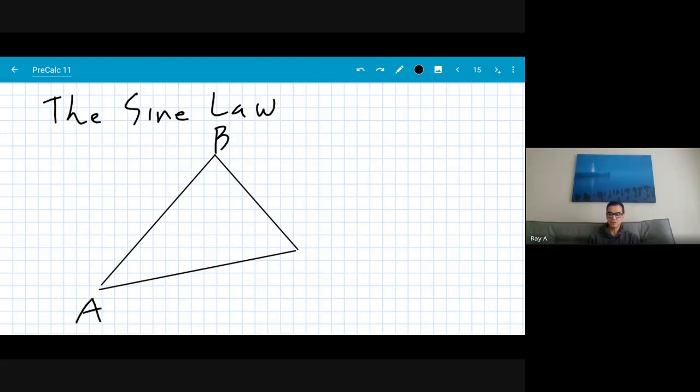So what we need to be doing is we need to label the sides using a lowercase letter. Once again, those capital letters represent the vertex or vertices of a triangle. All right, angle A is this angle here, angle B is this angle here, angle C is this angle here.